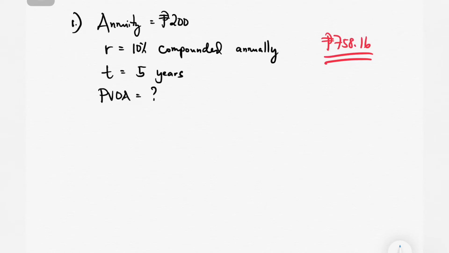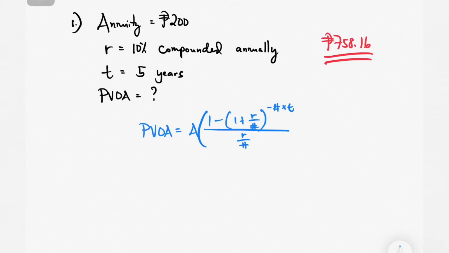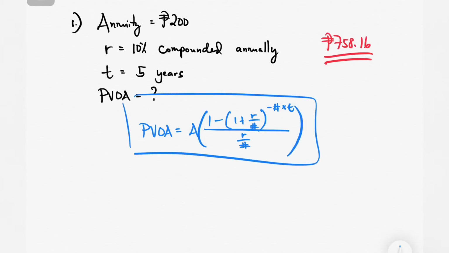So for the formula of present value ordinary annuity, you need to get your annuity, multiply it by 1 minus 1 plus rate over number of compounding periods raised to negative compounding periods times t, all over rate divided by number of compounding periods. So this is the formula to compute the present value ordinary annuity.